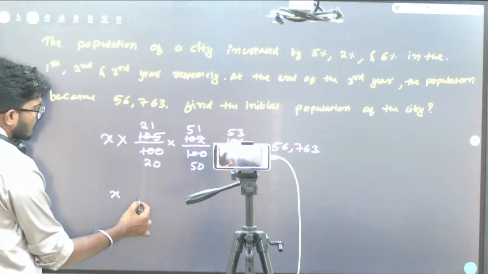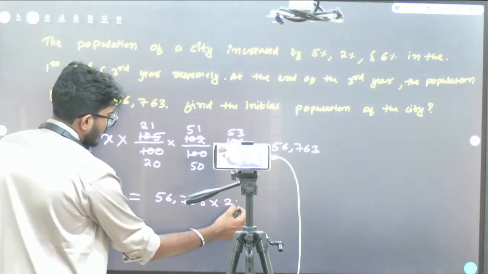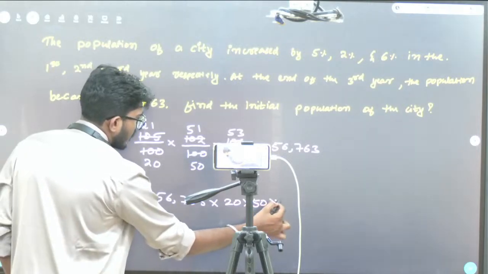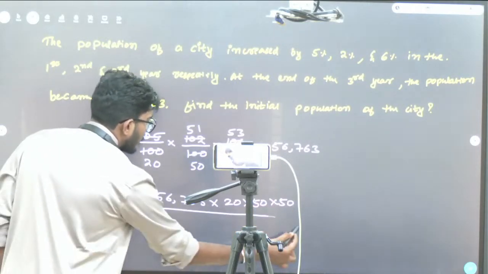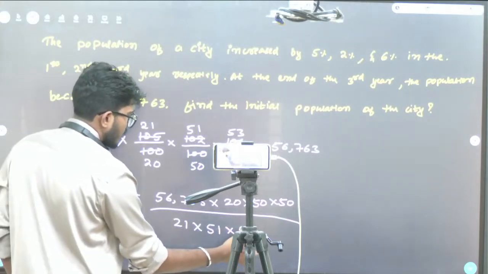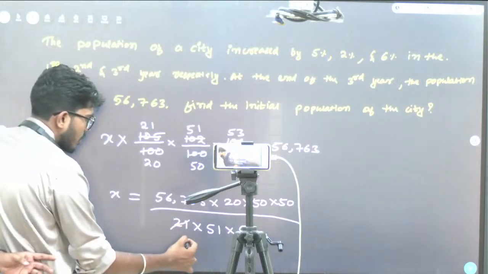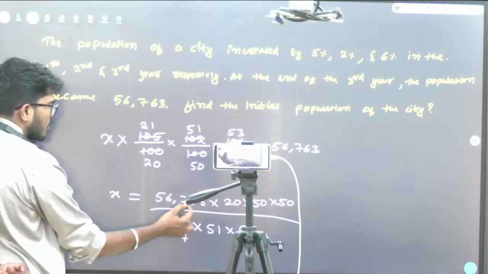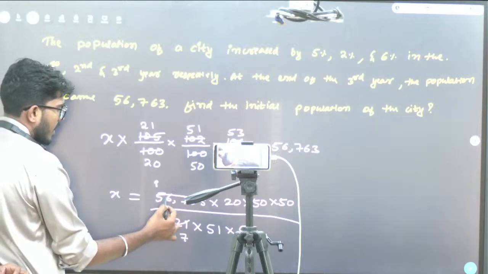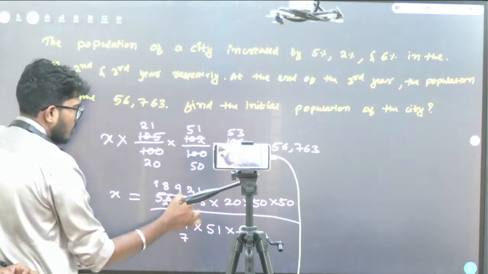X equals 56,763 into 20, cross multiply, 50 into again 50, divided by 21 and 51. 53 cancels with 3. Check the rule of 3 divisibility. 3 7s are 21, cancel. 3 1s are 3. 3 8s are 24, carry 2. 3 9s are 27.